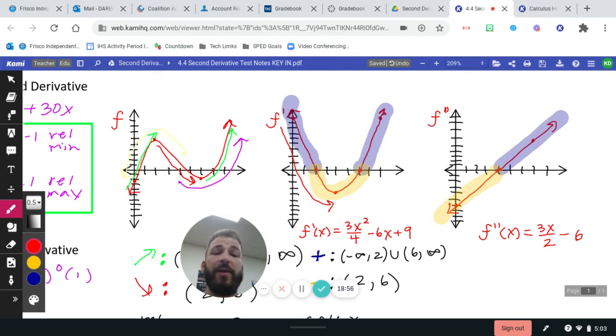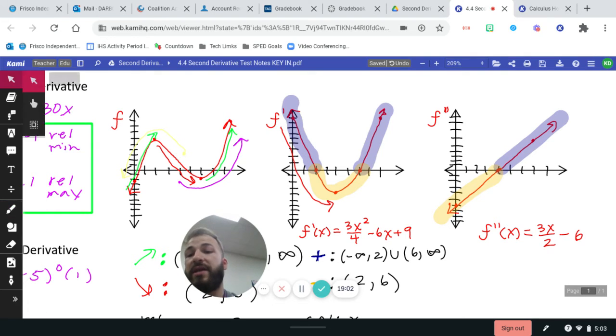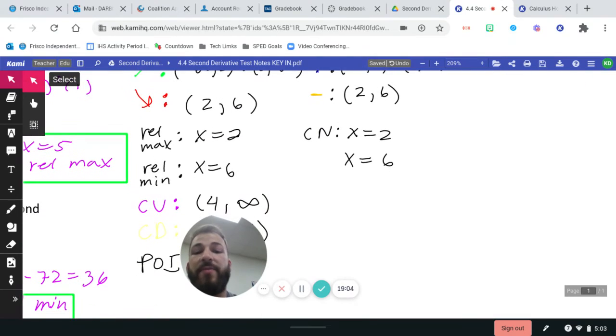So where F double prime is negative, F prime is decreasing in value.